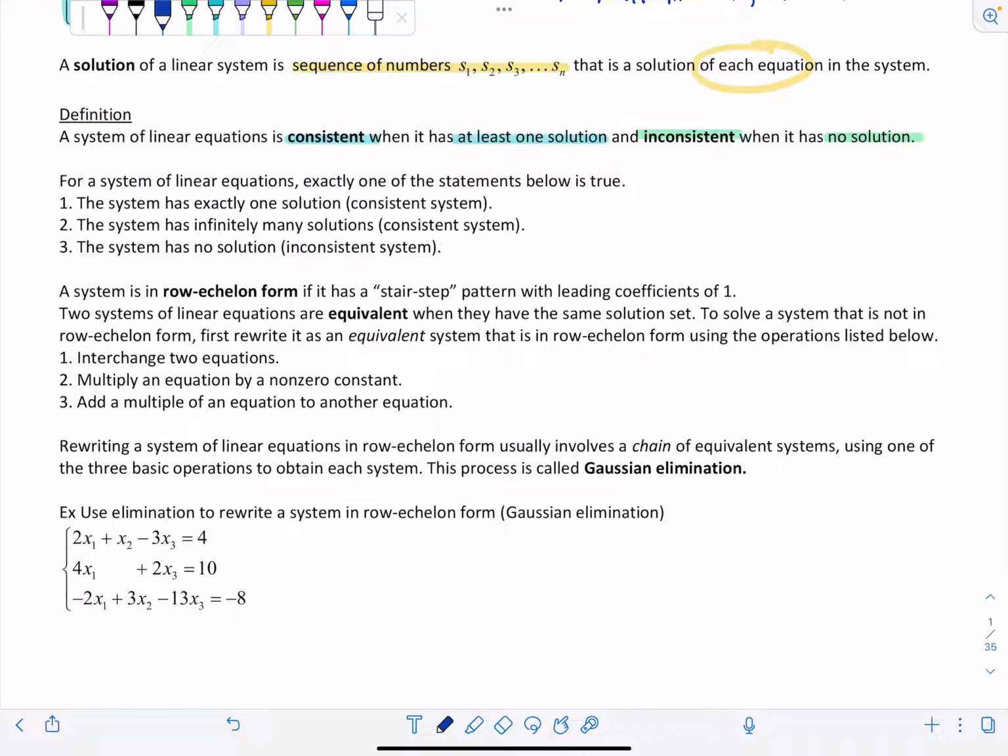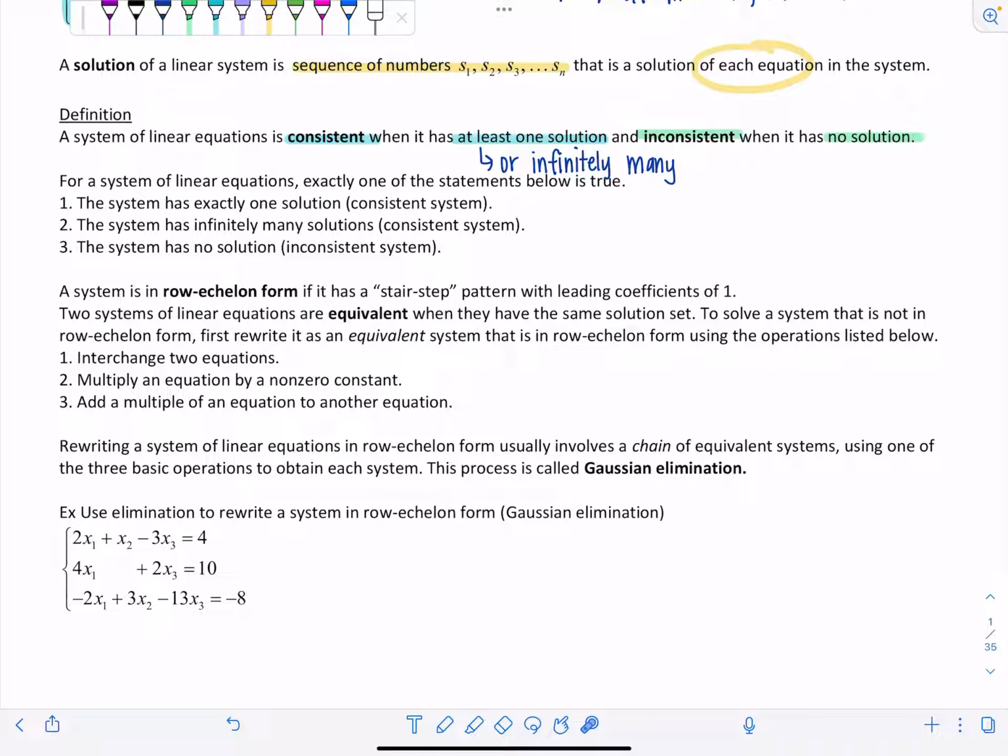So consistent systems can have either exactly one solution, or they could have infinitely many solutions. The way I think of it is it's called consistent if the solution set consists of something. That's not really where it comes from, but that just helps me remember. And then a solution set is called inconsistent when there's no solution. And we'll look at some cases like that.